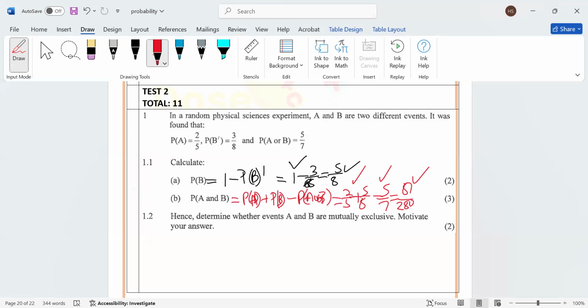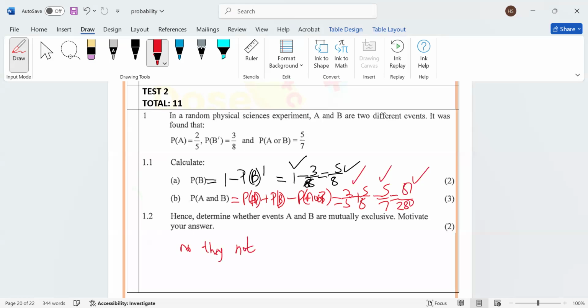We are going to number 3. Number 3, 1.2, they say: hence, determine whether events A and B are mutually exclusive. Motivate your answer. Are events A and B mutually exclusive? No, they are not.